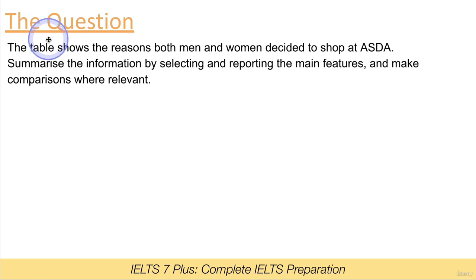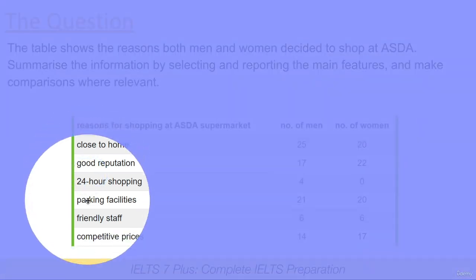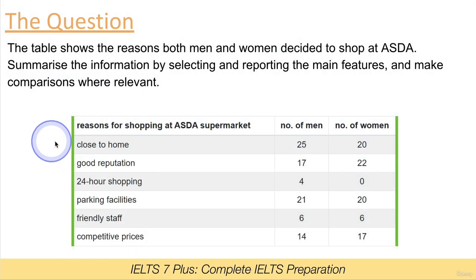Okay then, so what are we doing here? We're looking at the reasons both men and women decided to shop at a supermarket called Asda. Okay then, let's bring in the table. Right, so here we go. On the left, we have our reasons: close to home, good reputation, 24-hour shopping, parking facilities, friendly staff, and competitive prices.